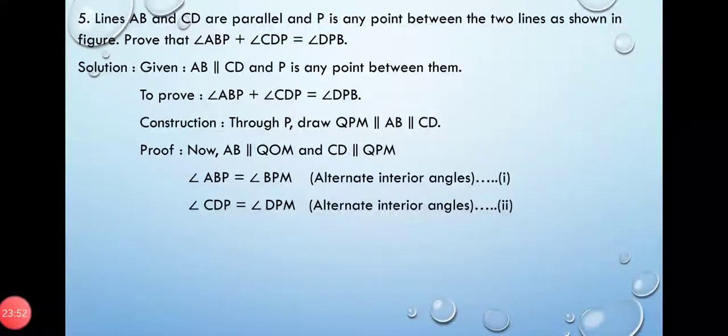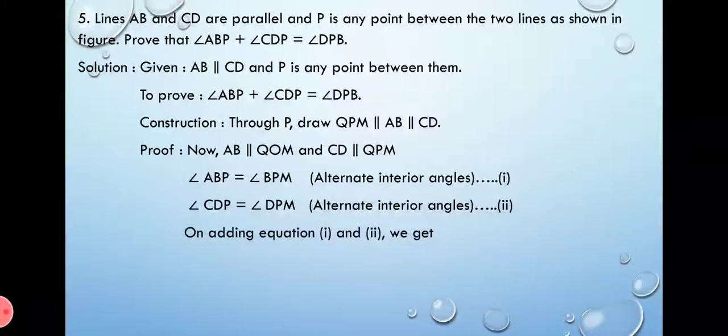Therefore, angle ABP equal to angle BPM, one of the alternate interior angle pairs when line AB is parallel to line QPM, and again angle CDP equal to angle DPM when line QPM is parallel to CD. This is also a pair of alternate interior angles, giving equations 1 and 2. Then for solving, we add both the equations.